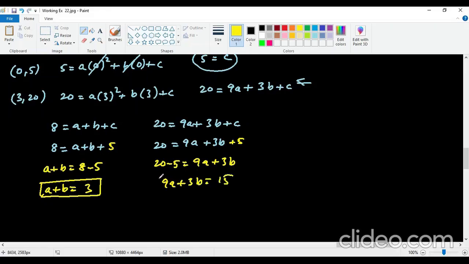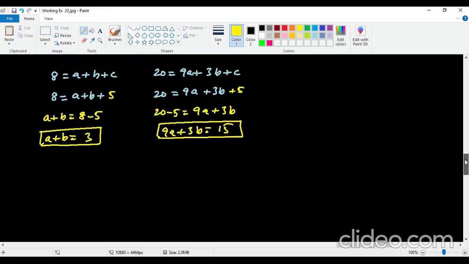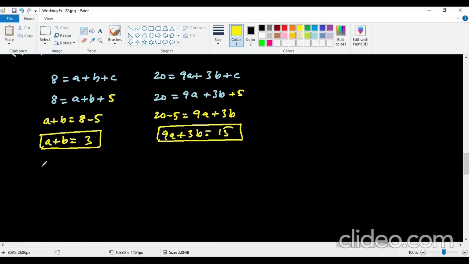These are the two equations. With the help of these two equations, we can find out the value of a and b. Now a is equal to 3 minus b, according to this equation.